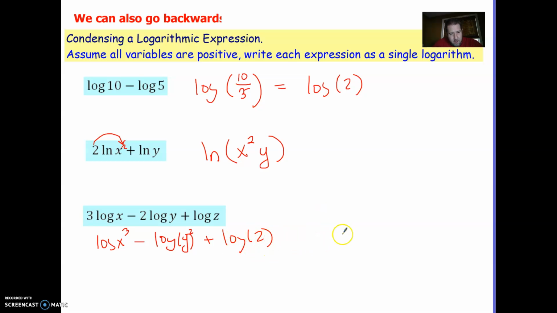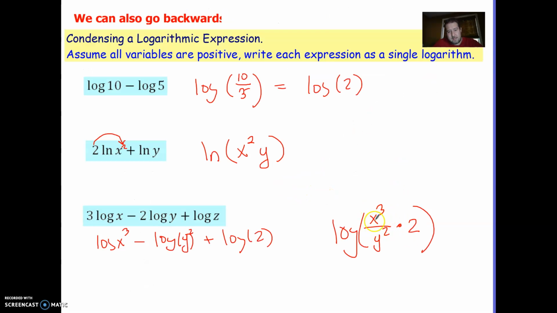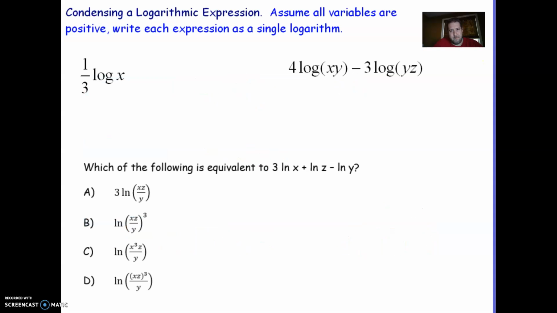So we have here log of x cubed divided by y squared, and then all of that has to be multiplied by z. So like that. All right, so you could have just put the z on top. So really, it's x cubed times z over y squared, like that.